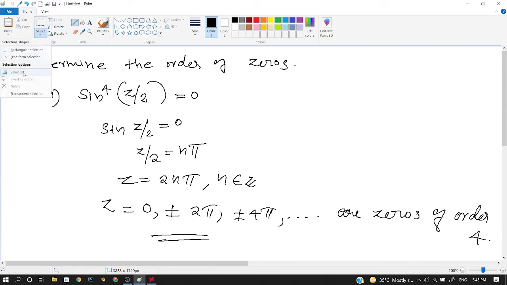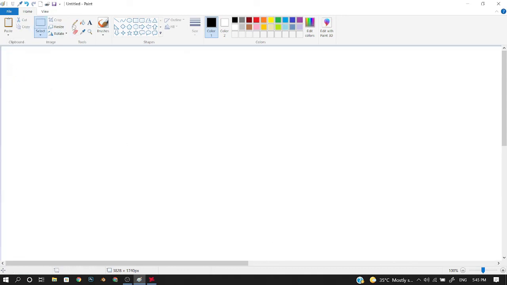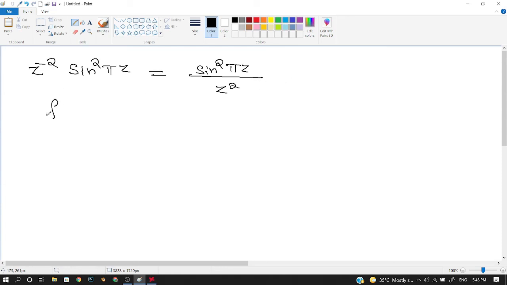Now another example: z raised to minus 2 sine square pi z. This is the same as sine square pi z divided by z square. Now f of z equal to 0 implies sine square pi z equal to 0.